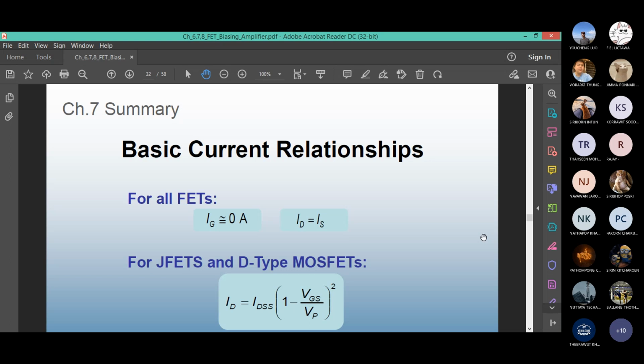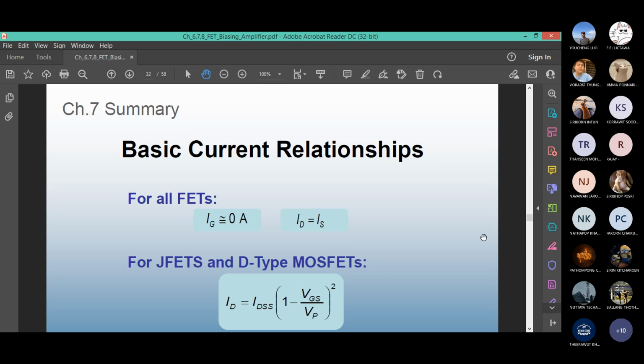What is the equation for the collector current in BJT? When you say collector current, yes, IC. What is the equation for IC for a bipolar junction transistor?